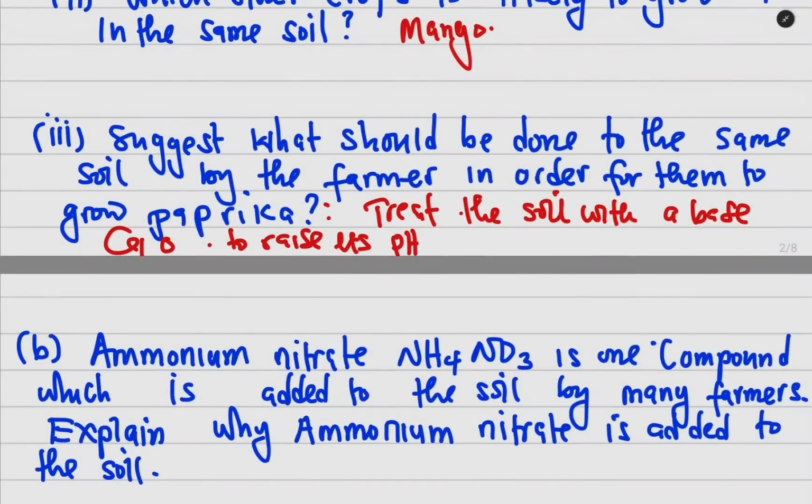Okay, as you suggest, treat the soil with a base, or treat the soil with calcium oxide or calcium hydroxide to neutralize the acid. Hence raising the pH of the scale. I think that will be enough.